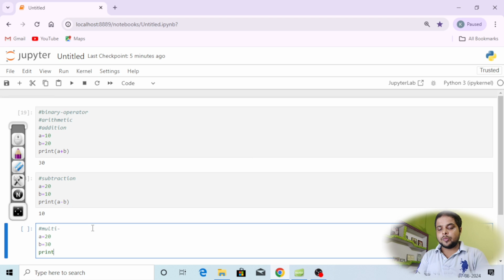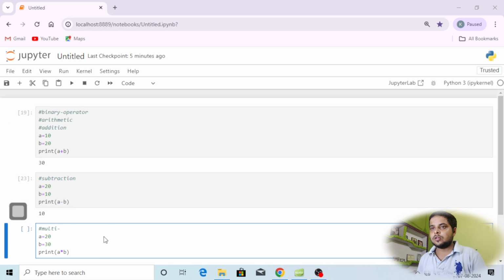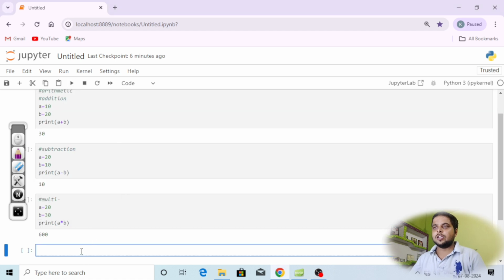Now we print the multiplication of these two numbers, so simply A into B. Then what is the answer? 20 into 30, which equals 600. The answer will be 600. I hope it is clear to you, है ना? क्लियर हो रहा होगा सबको. 600 है ना?